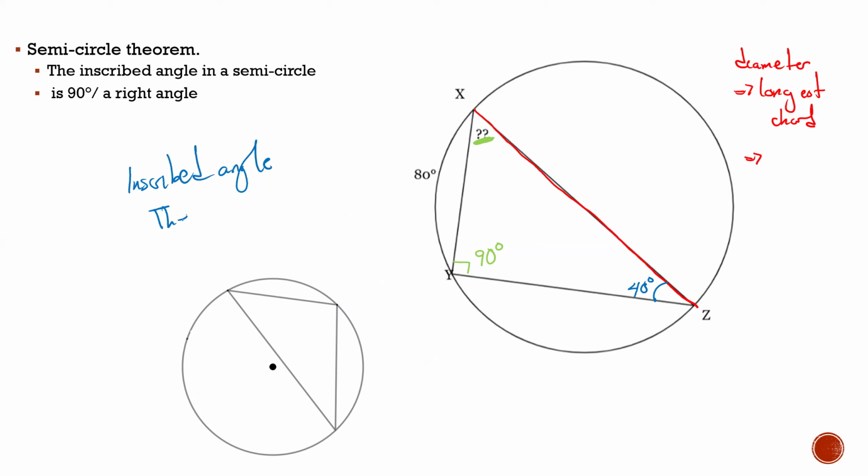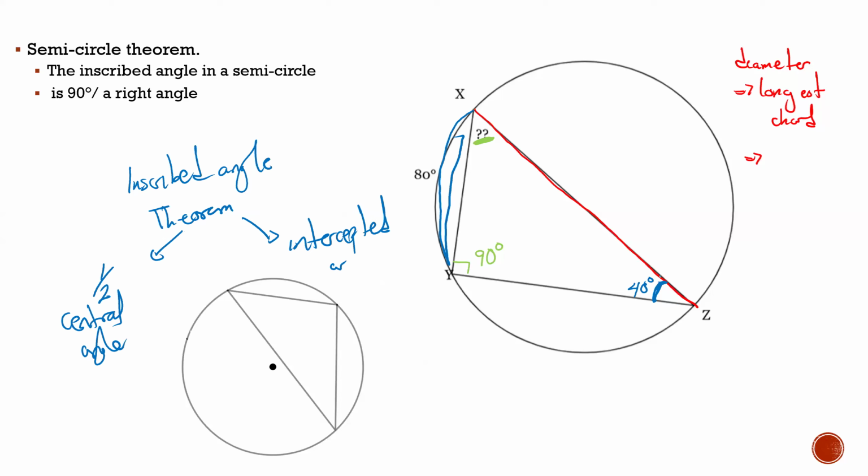That's another theorem. So how did I get 40? Because this angle here is half of the intercepted arc. So we know that for the inscribed angle theorem, the inscribed angle is half of the central angle, but it's also half of the intercepted arc.